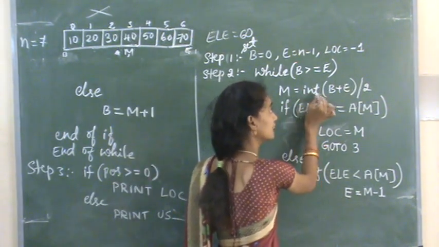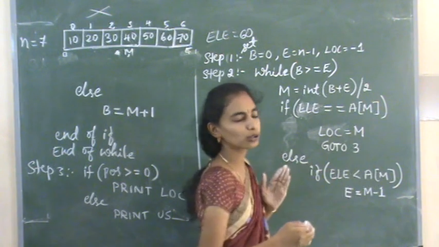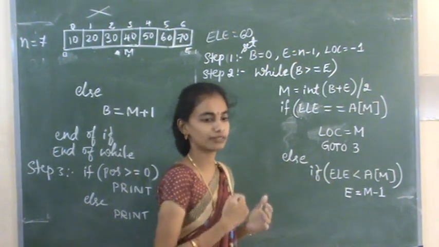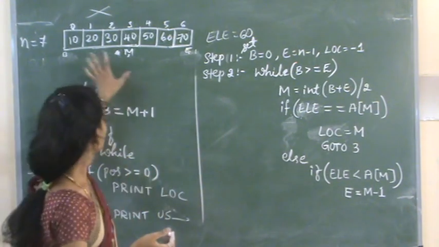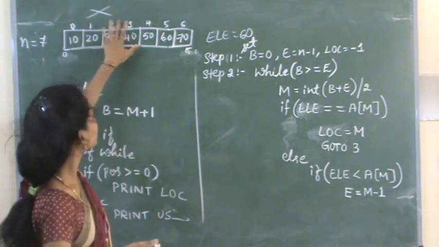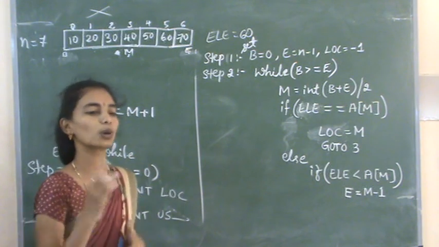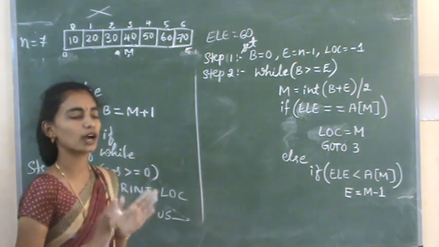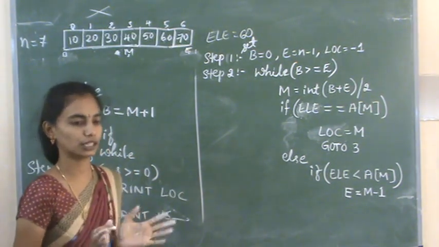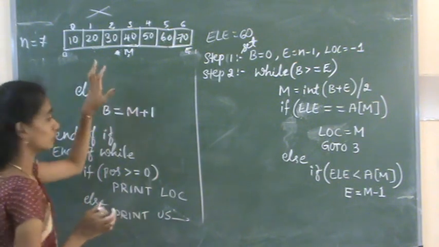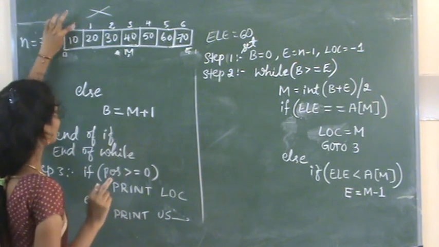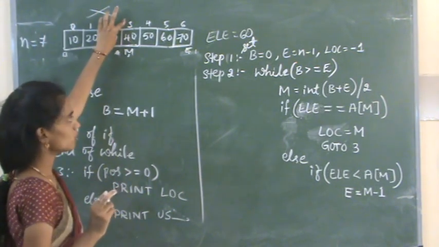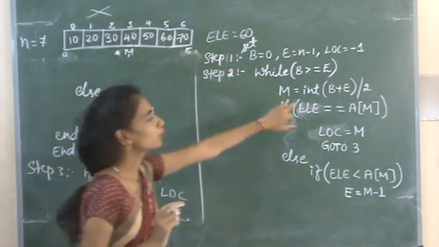Why we are using int here means we have to take only the integer values, not the decimal values, because in an array we are assigning only integer values, that too only positive values, not floating point numbers or negative values. Negative values means negative locations. So we are using only the integer values. That's why we have to convert.